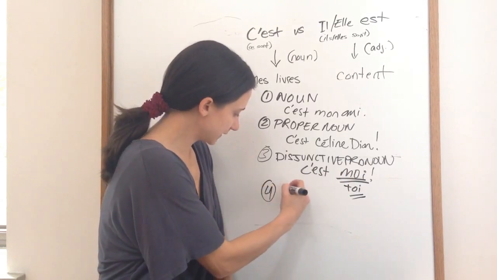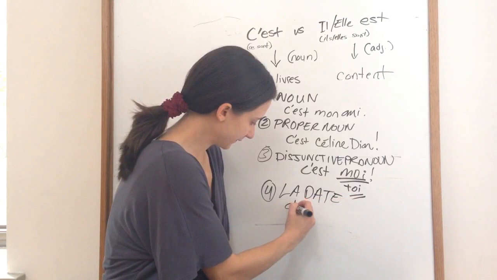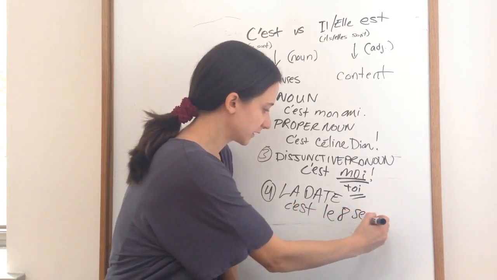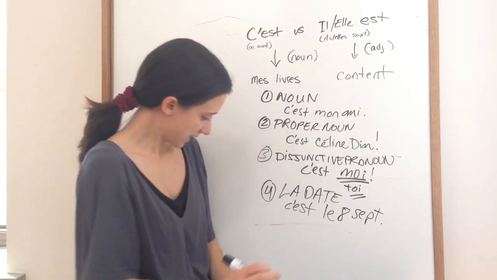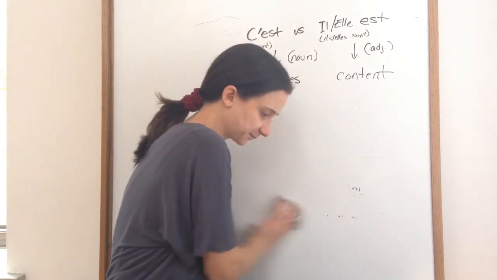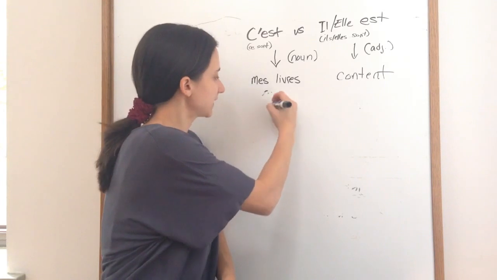Next we have la date, the date. C'est le 8 septembre. Use it for the date. Also, let's make some more room here. I forget what number we're at. Infinitive as subject.